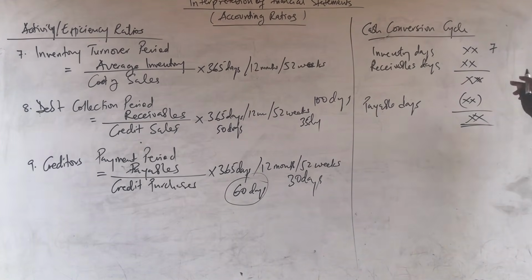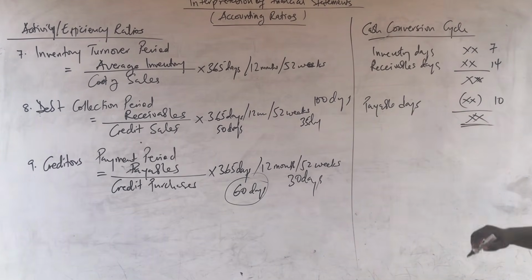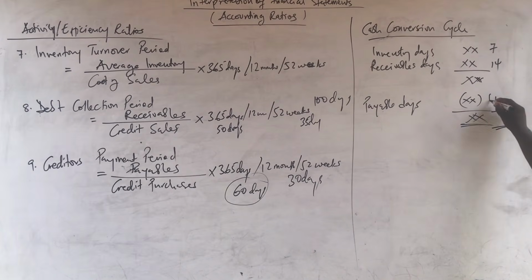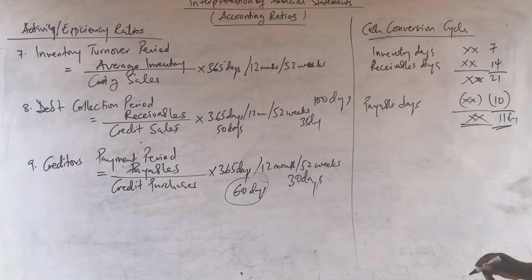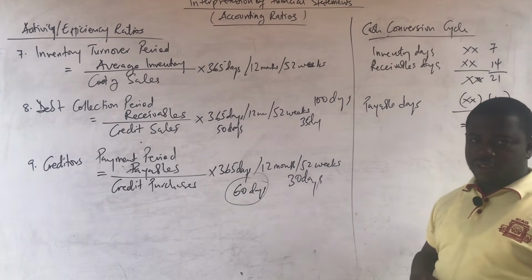So let us assume that we have 7 days for inventories, 14 days for receivables, and then we have 10 days for payables. Then it's going to be 21 minus 10, which is going to give us 11 days. So this is what we mean by the cash conversion cycle.